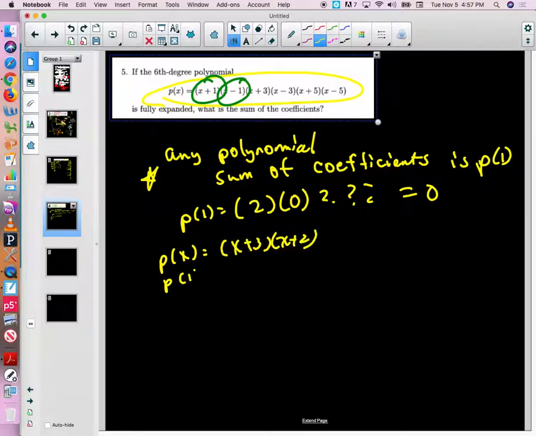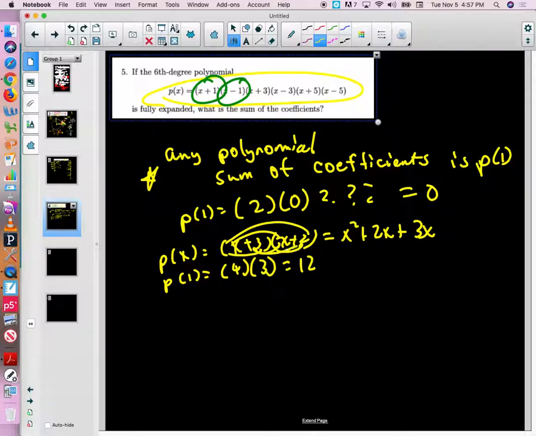P of 1 is 4 times 3 is 12. Now let's actually do it out. That gives me x squared plus 2x plus 3x plus 6. And so if you add up your 6, your 3, your 2, and your 1, you get 12.